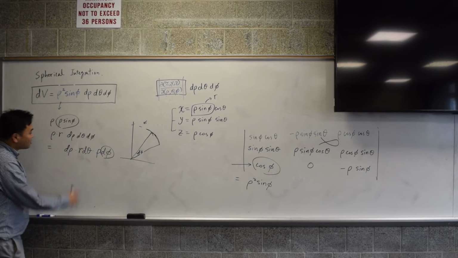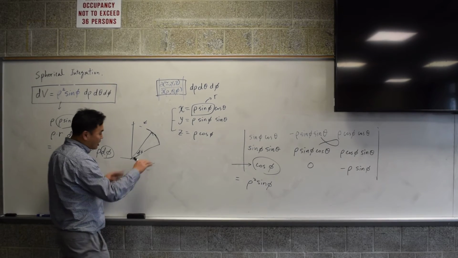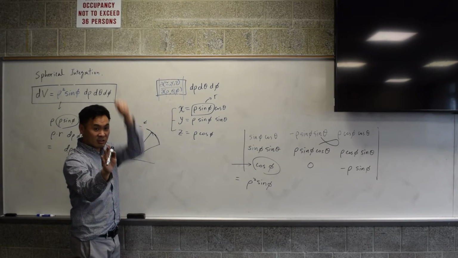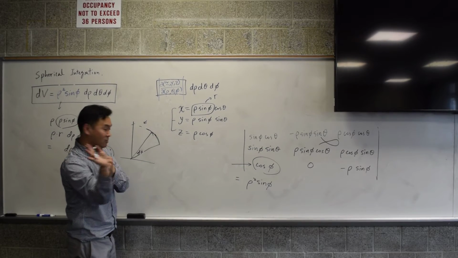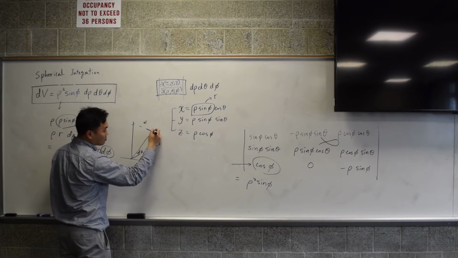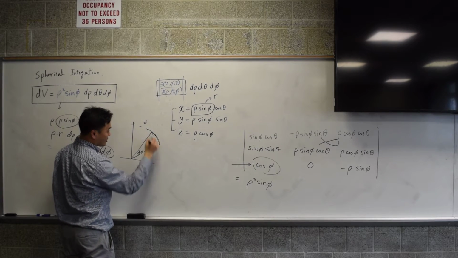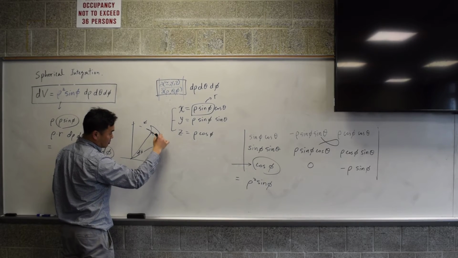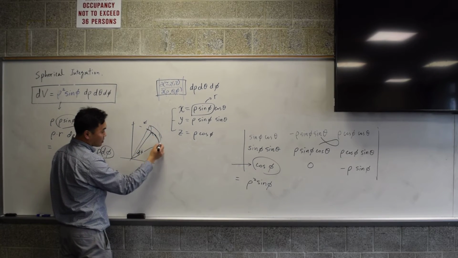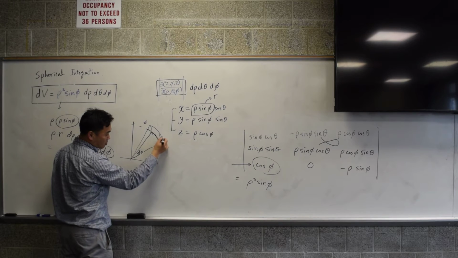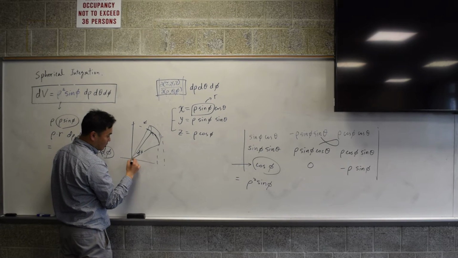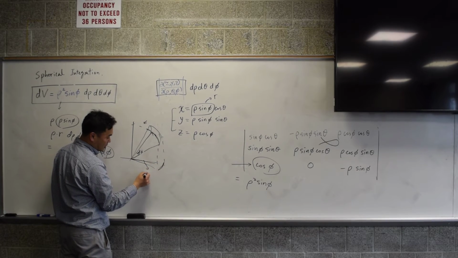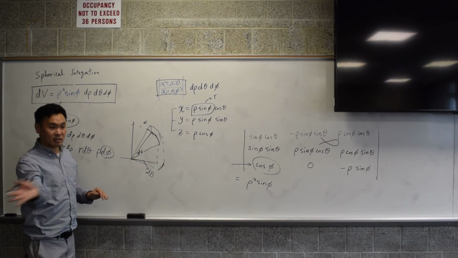And then what is d theta? d theta is like rotating with respect to z as your axis. If you projected this down, the angle that you have is your d theta. That's your d theta.